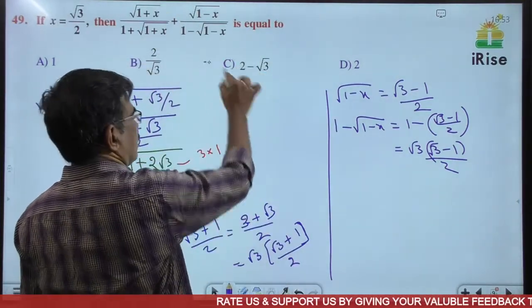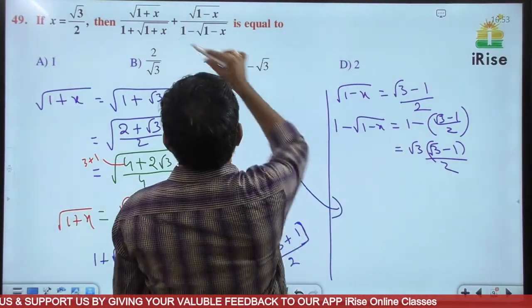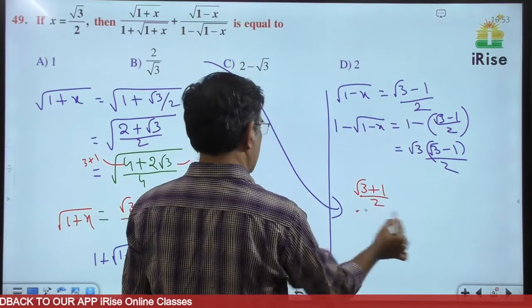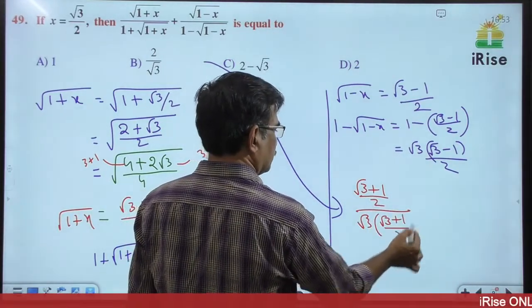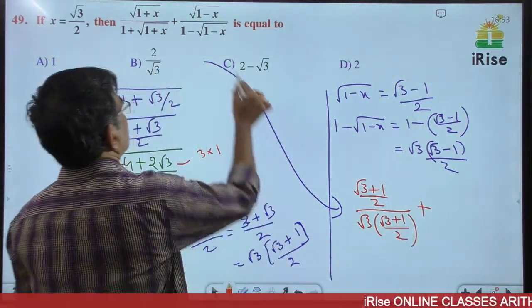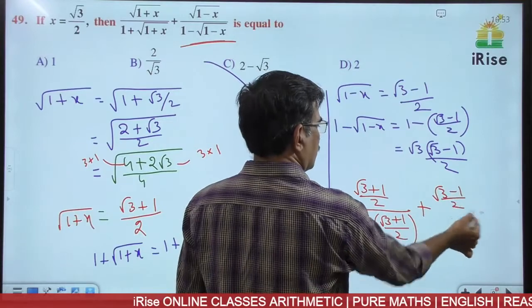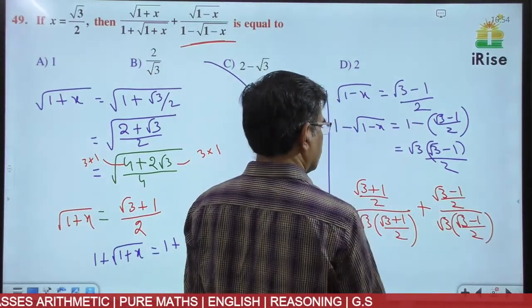Then substitute in the question. Then what we get here? So here first part is root 3 plus 1 by 2 by root 3 times root 3 plus 1 by 2, plus the second part is root 3 minus 1 by 2 by root 3 times root 3 minus 1 by 2.